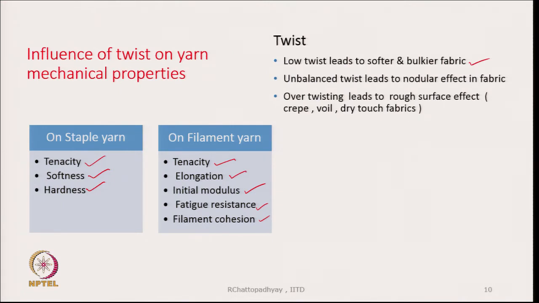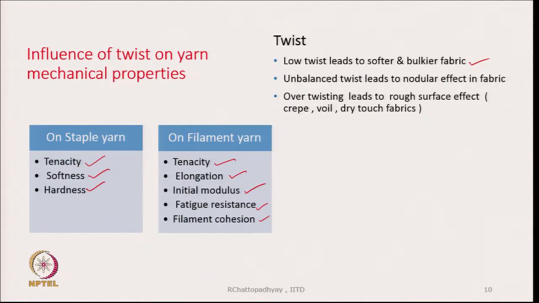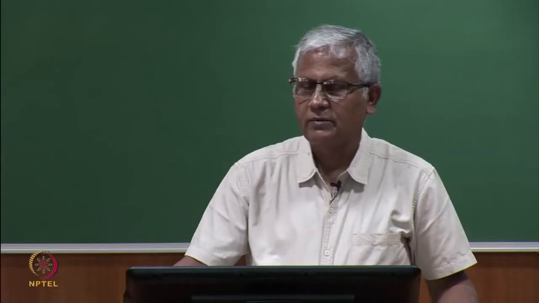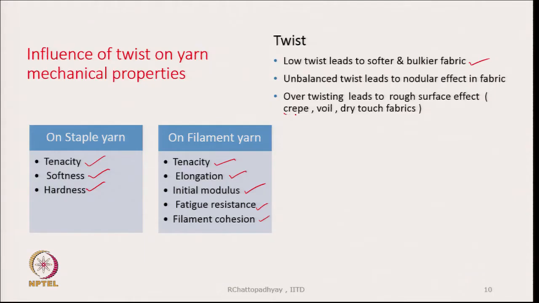That is very important, the balancing of twist, otherwise a snarling tendency will be there in the case of ply yarns, or if we over twist the yarns. Over twisting, as already stated, leads to a rough surface effect. The surface becomes a little rough, but that also is a desirable characteristic in some fabrics like crepe, voile, and to produce dry touch fabrics.